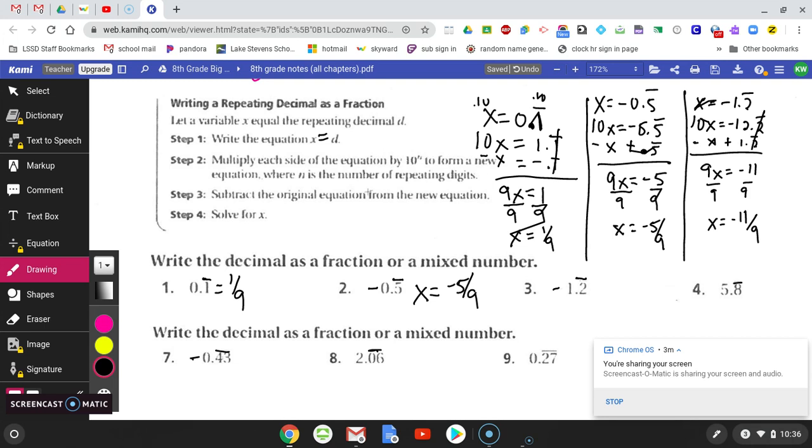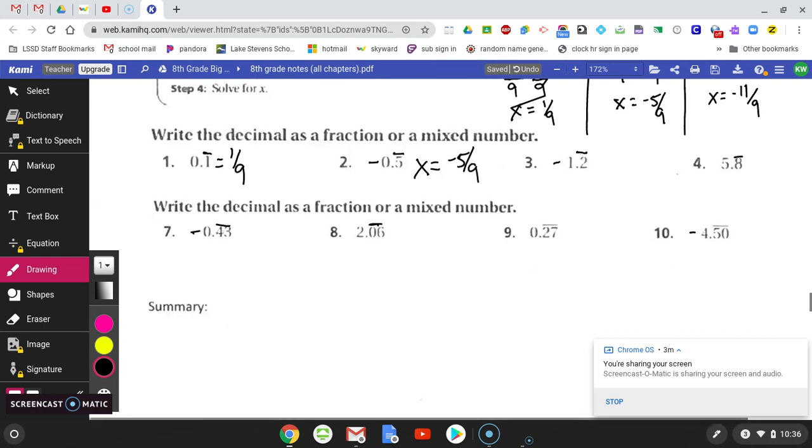So the only thing that's different when we have two numbers that are repeating is we're going to multiply both sides by 100 instead of by 10. If we had three numbers repeating, we'd multiply both sides by 1,000. So I'm going to start by doing x is equal to the negative 0.43 repeating. I'm going to multiply both sides by 100 this time, and that would make it a negative 43.43 repeating.